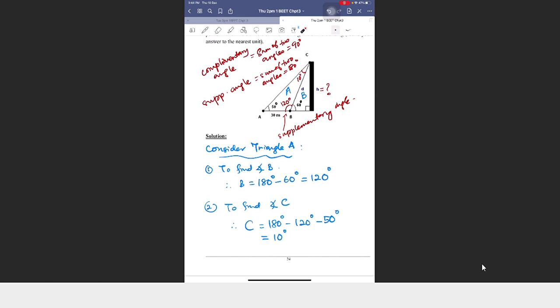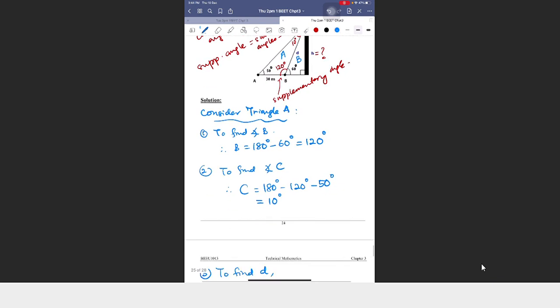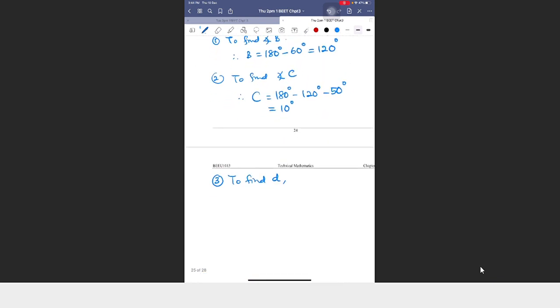So let's write this. To find D using law of sine: D over sine 50 degrees equals 30 over sine 10 degrees.